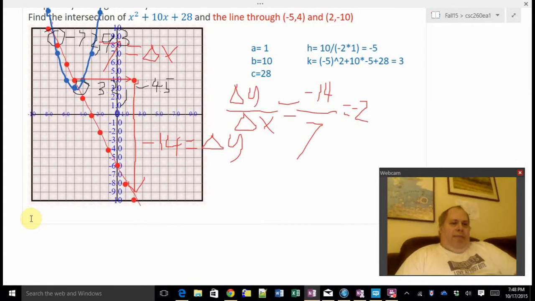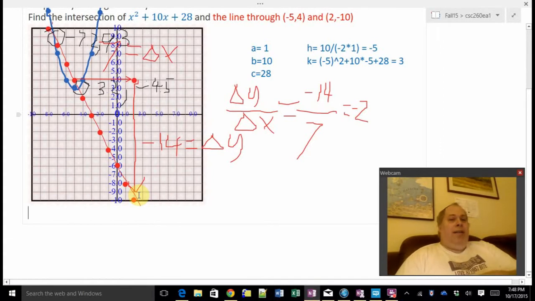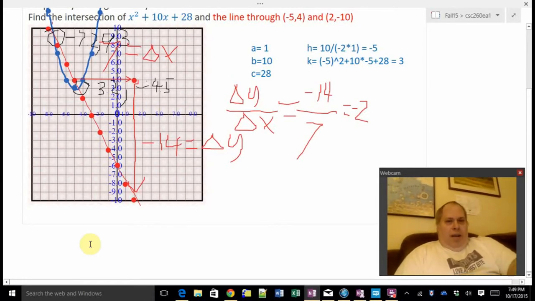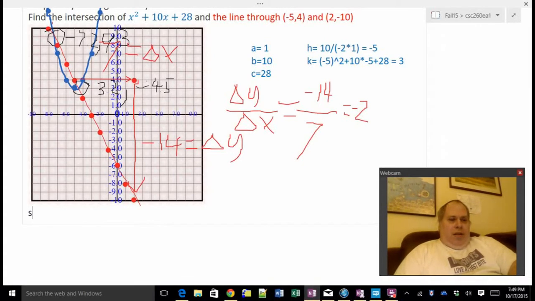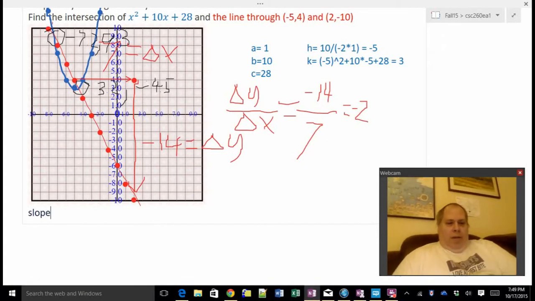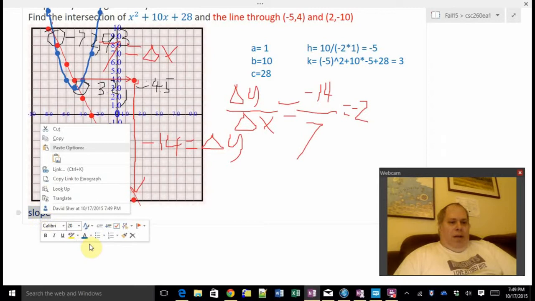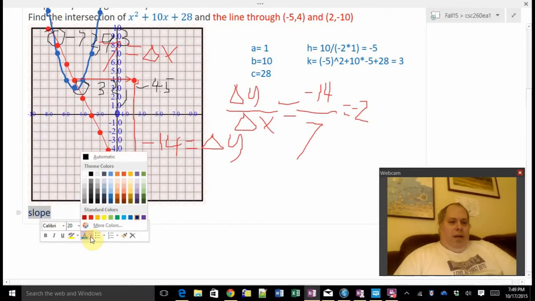So we really should find the line should be negative 2x plus 10, but we're going to find that algebraically. And we don't need the formula for the blue quadratic because it's given to us. So I just need to find, first, with red, the slope, and we'll make this whole thing red to match the color code.